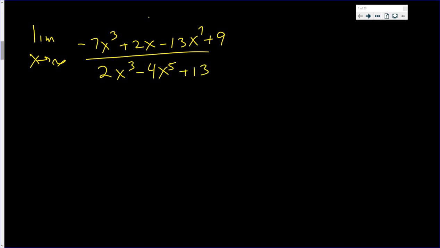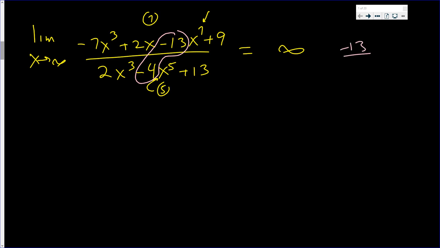Well, the degree of the top is 7, there it is, and the degree on the bottom is 5, there it is. The degree on the top is larger, so it's going to be plus or minus infinity. How do you tell? You divide the terms that had the x to the 7th and the x to the 5th.